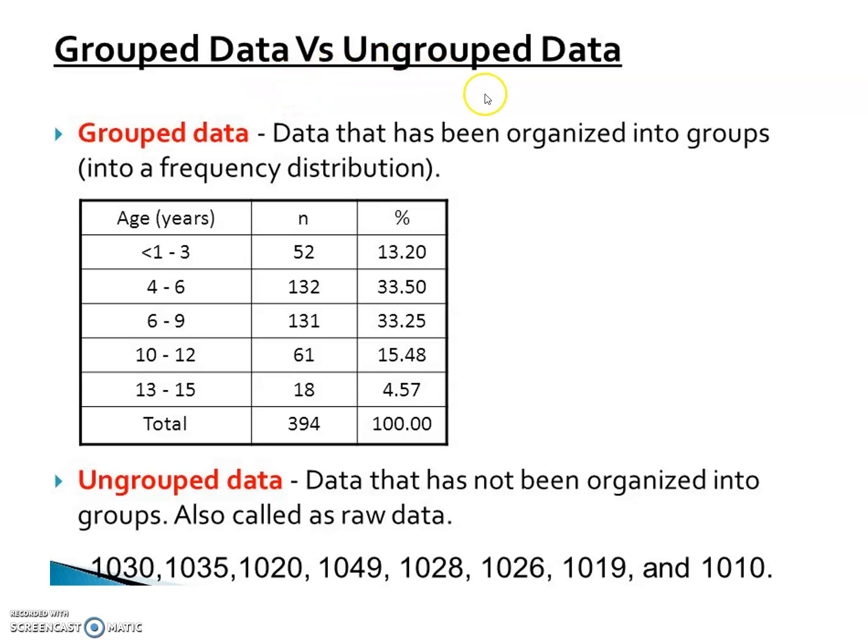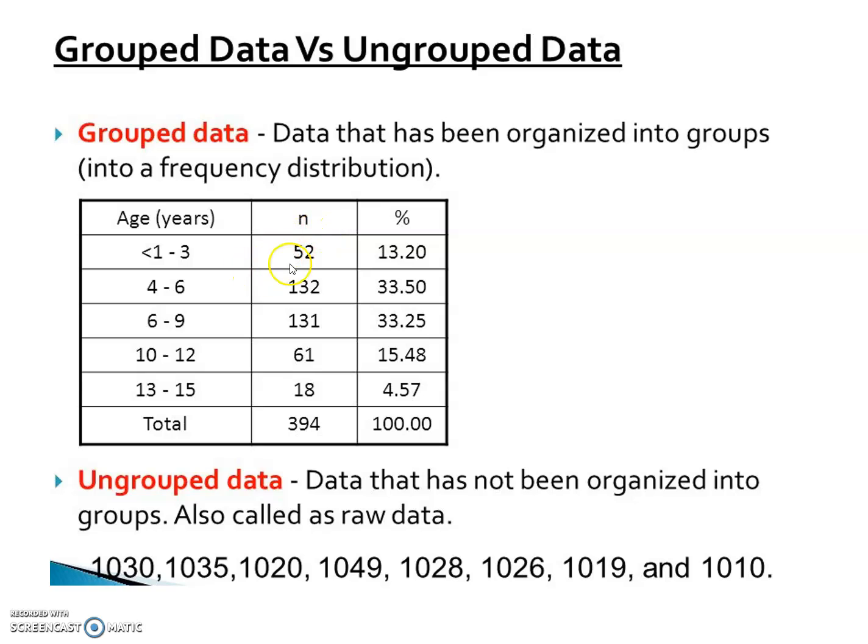Grouped data versus ungrouped data: what does it mean? Grouped data is data that has been organized into groups, into a frequency distribution. Age, less than 1 to 3, 4 to 6, 7 to 9, 10 to 12, 13 to 15, and total. 1 to 3 indicates the class interval, and we consider the frequency: 52, 132, 131, 61, 18, total is 396.